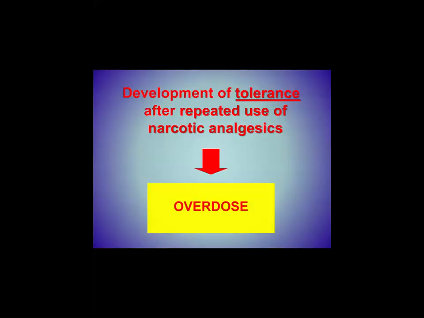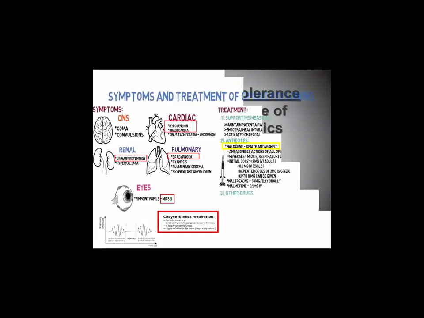So, development of tolerance after repeated use of narcotic analgesics can lead to overdose. What are the symptoms of overdose and how are we going to treat overdose of opioids? The most typical symptoms you can see on this slide.